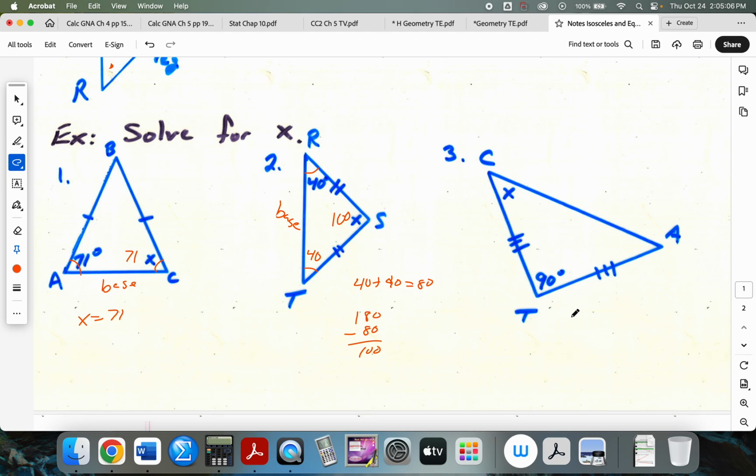Okay, then for this last one, again, it's an isosceles triangle because two sides are congruent. So the side that's not congruent to the other ones is called the base. And the two angles at the ends of the base are going to be congruent to each other. So these two are the same. So if that's x, so is this.